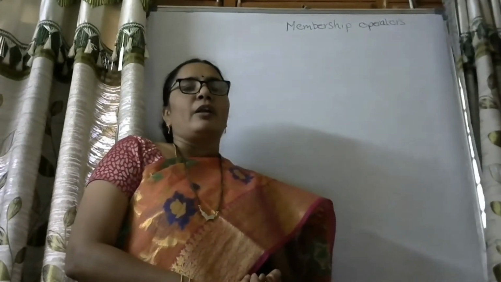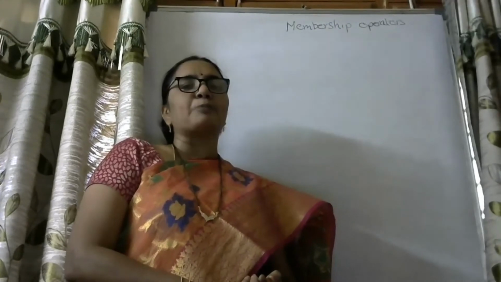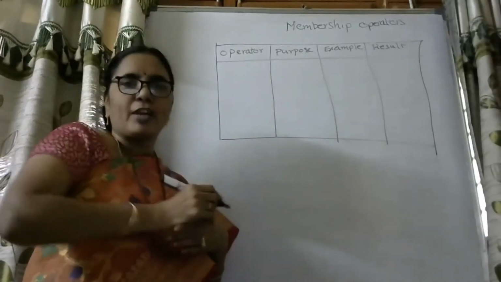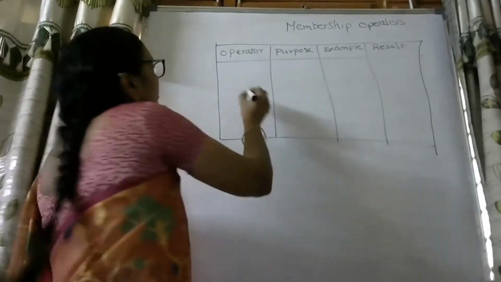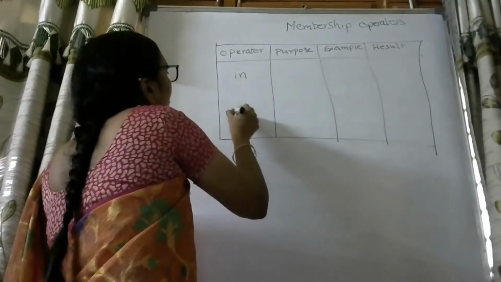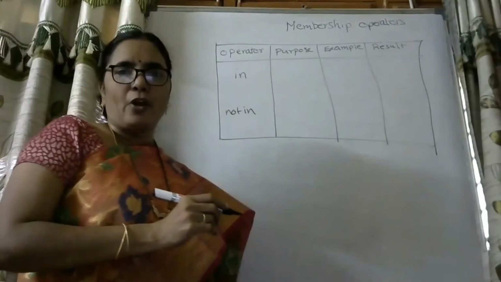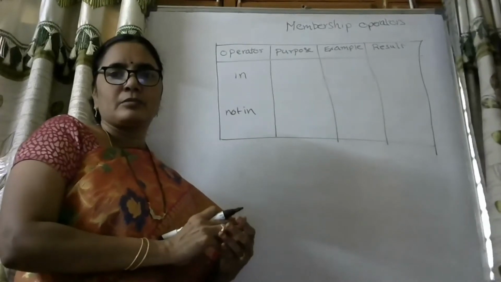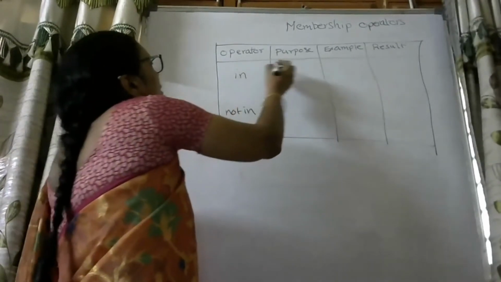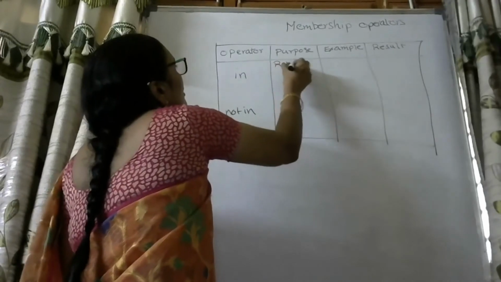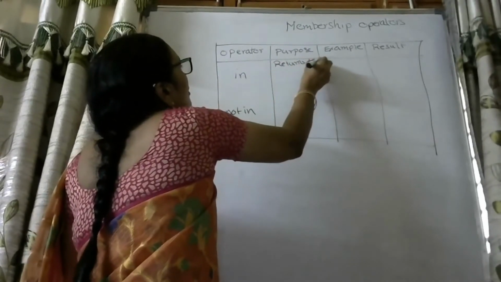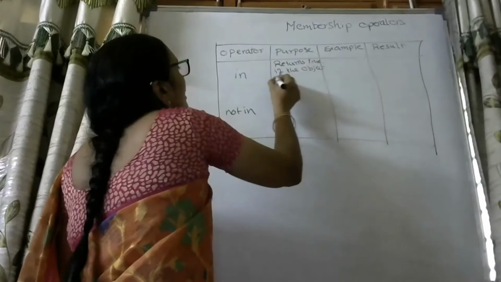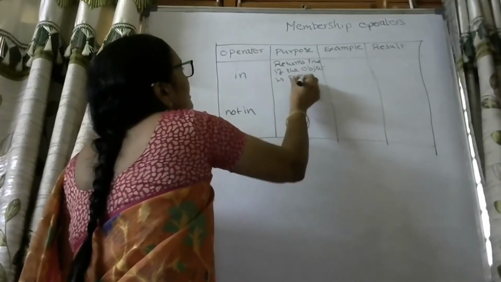Now let me discuss the types of membership operators. The different membership operators are in and not in. The in operator returns true if the object is present in the sequence.